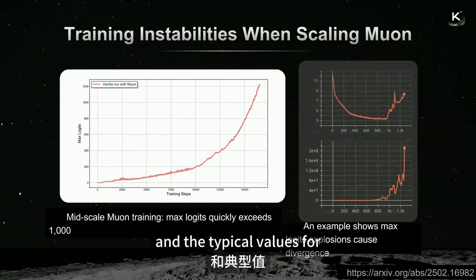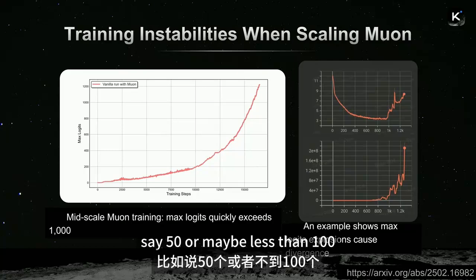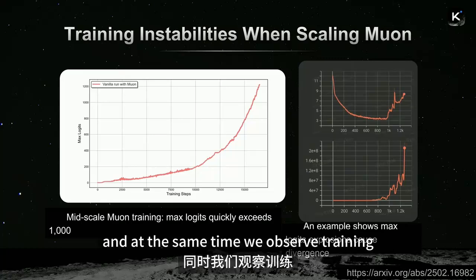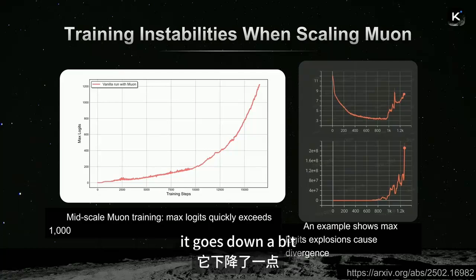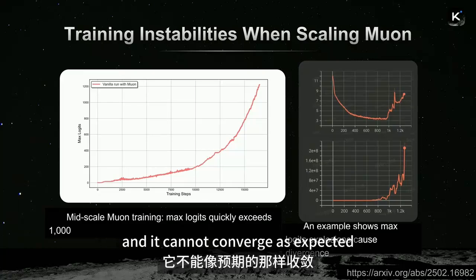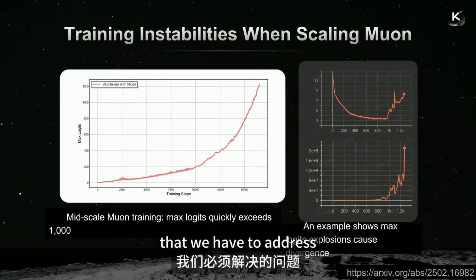The typical values for max logit in training are about 50, or maybe less than 100. But for Muon, it quickly exceeds 1,000. At the same time, we observe training divergence. If you look at the training loss, it goes down a bit, but at the end of the day it explodes, and it cannot converge as expected. So this is one of the technical challenges that we had to address.